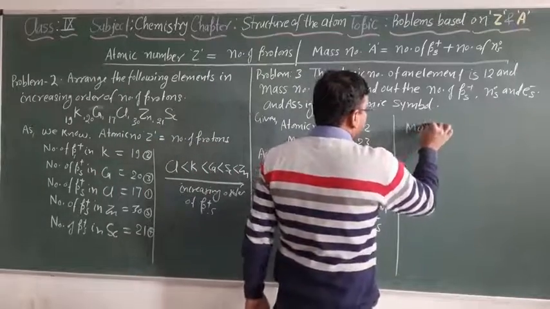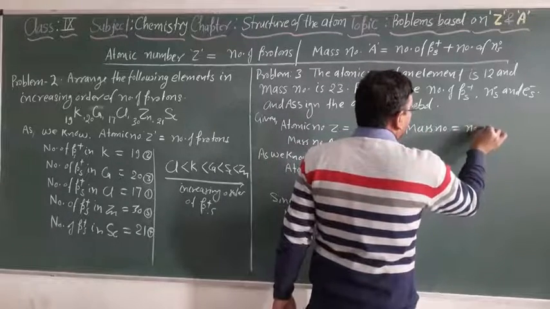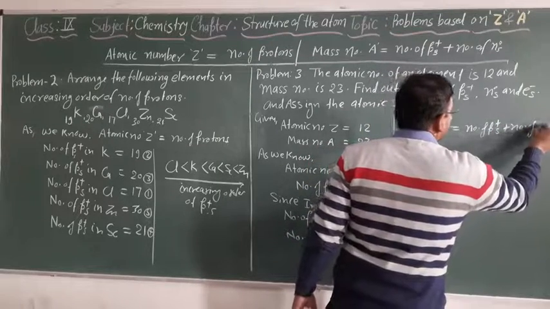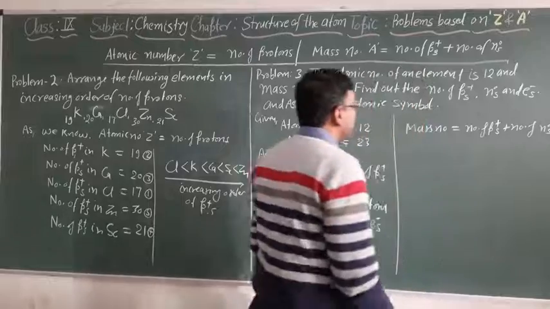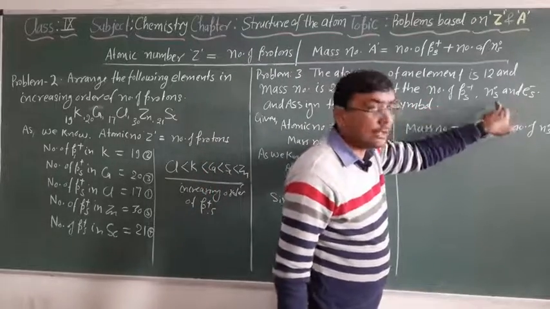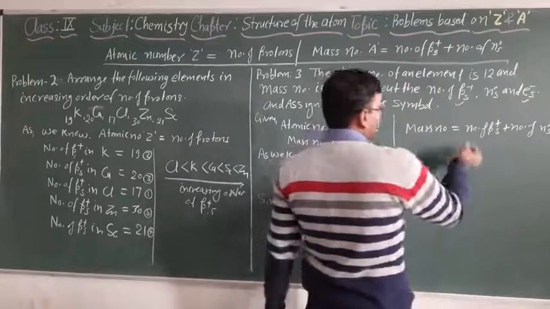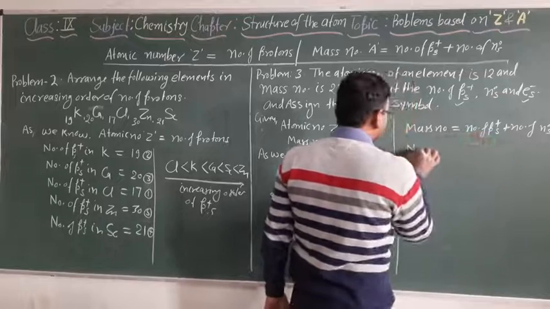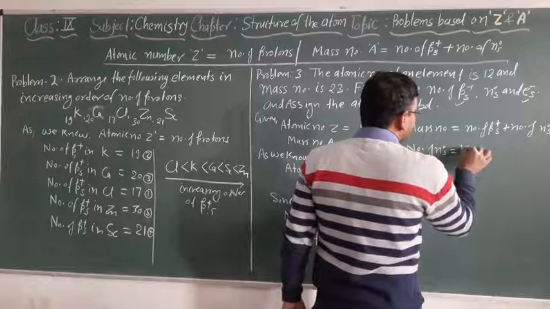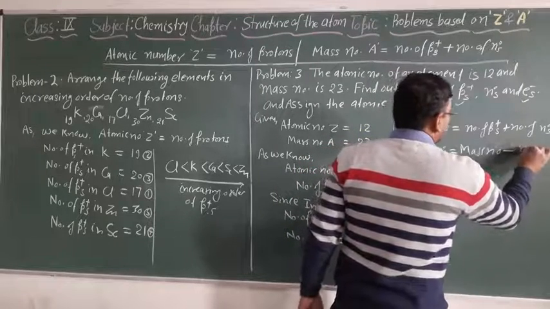Now mass number is equal to number of protons plus number of neutrons. Asking about the number of protons, number of electrons, number of neutrons. We have calculated number of protons and number of electrons. So number of neutrons is equal to mass number minus number of protons.